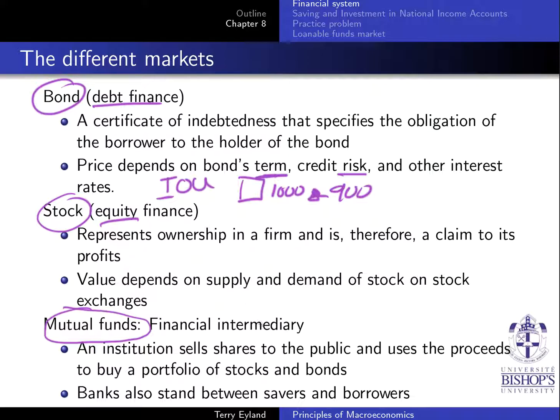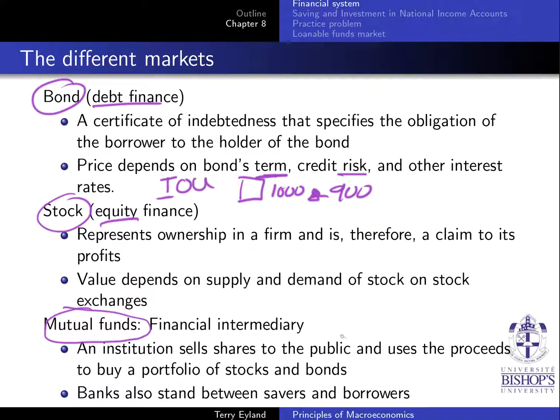Mutual funds is an institution that sells shares to the public and uses the proceeds to buy a portfolio of stocks and bonds. So if you have extra money and you're a student or you're building up your wealth, mutual funds is an interesting idea, because you essentially have a portfolio manager that manages your stocks and bonds.